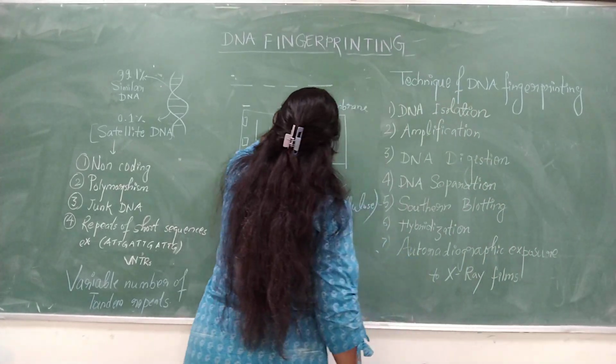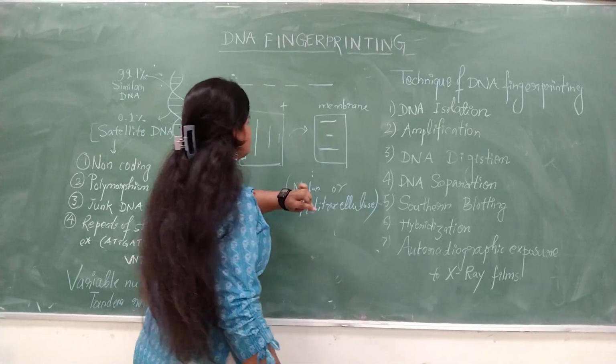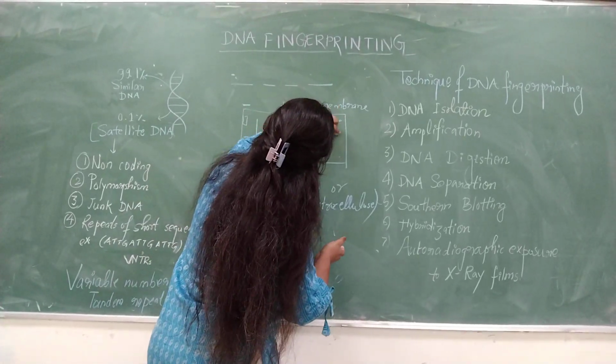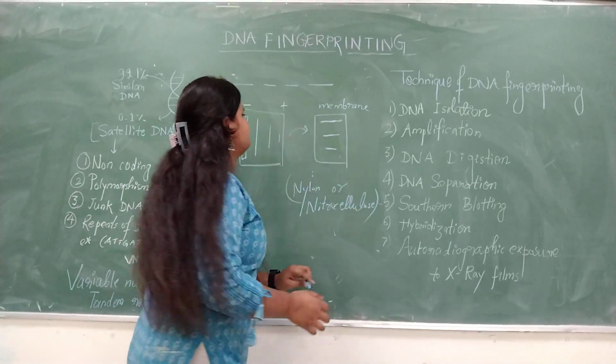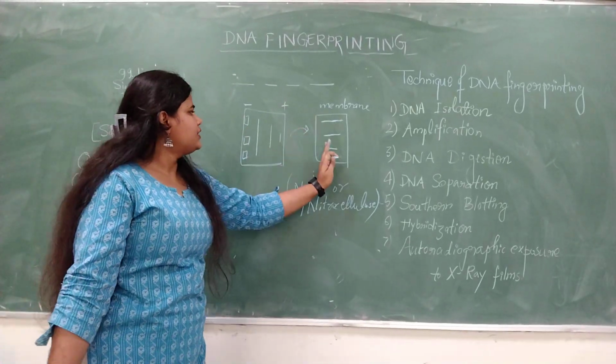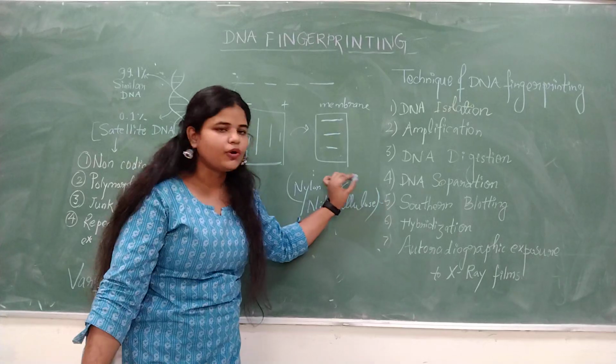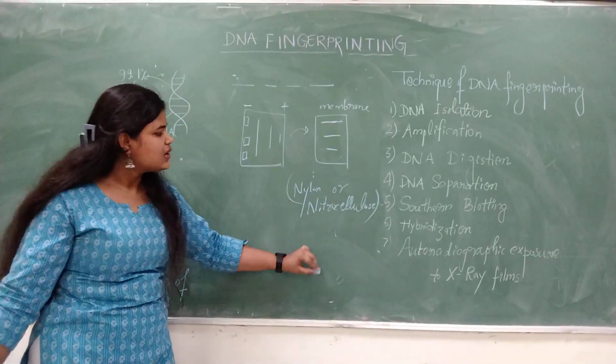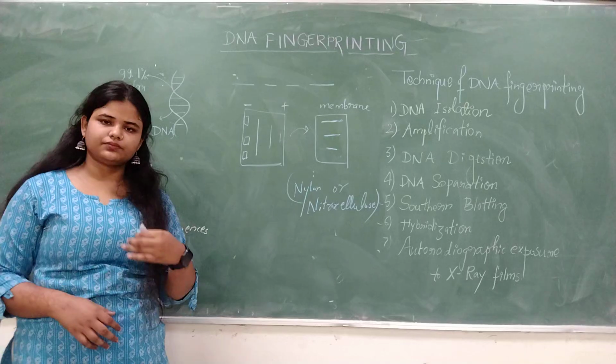We have transferred it onto the membrane. Southern blotting is done. After transferring it onto the membrane, we will do hybridization.